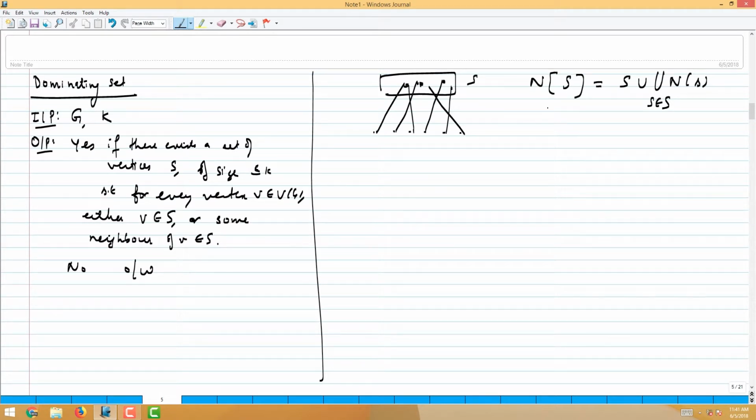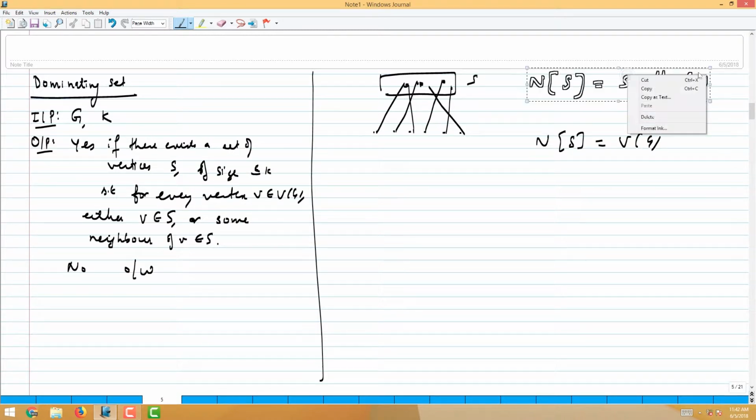Now can you tell me, if S is a dominating set, then what will this N of S be? All the vertices. Because any vertex is either in S or in the neighborhood of some vertex of S.